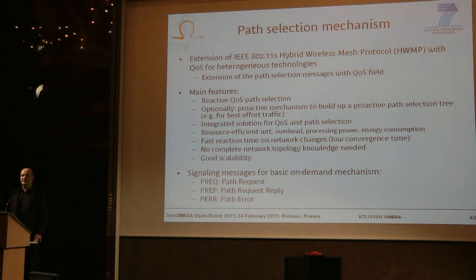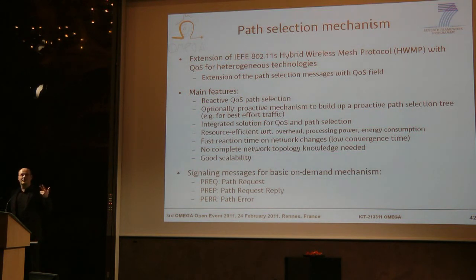And the main features are that it is a reactive path selection, which can optionally be transferred into a proactive mechanism if you do want to establish a proactive route or path. It is resource efficient, as it has been proven in our deliverables. And it provides a fast reaction time on network changes. That means there's a low convergence time to a stable home network configuration. And it provides good scalability.